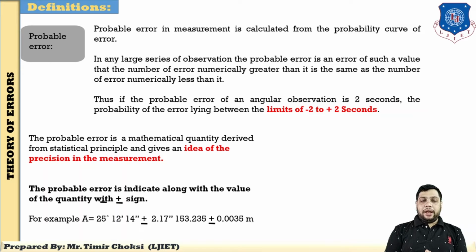The main goal is to find the precision in the measurement. The probable error is indicated along with the value of the quantity with a plus-minus sign. You write it like in this example.